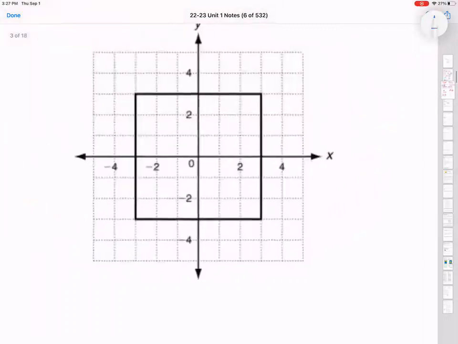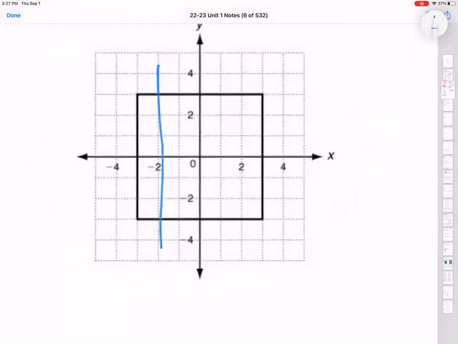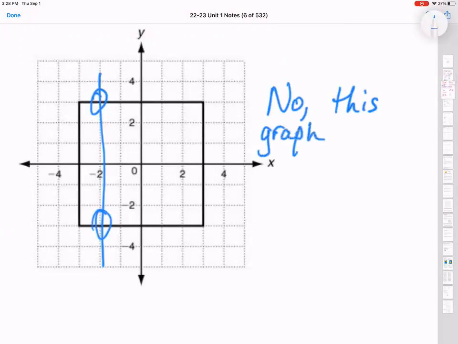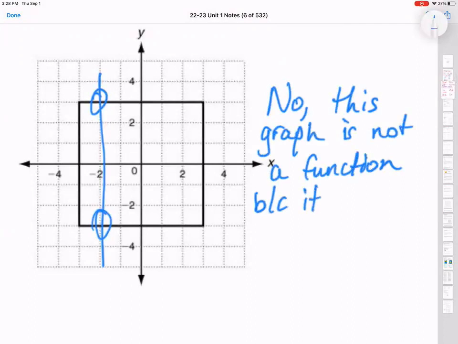And our final one, boom, fails right away. The moment that it fails just one time, where you see it crossing more than once, it's not a function. So no, this graph is not a function because it fails our vertical line test.